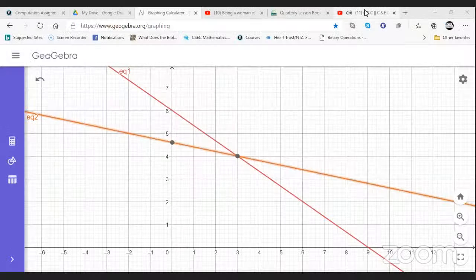I'm not sure. The only thing I have on my graph is... Well, yes, but I just did that. I got that because my answer ended up being that x equals 3 and y equals 4. So that's how I plotted that one graph, but that's the only graph I would have done.